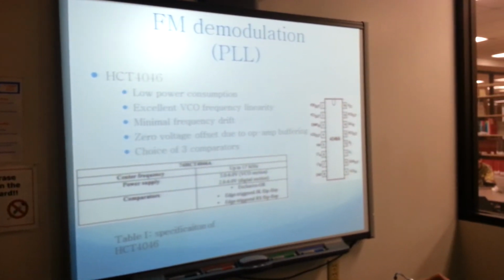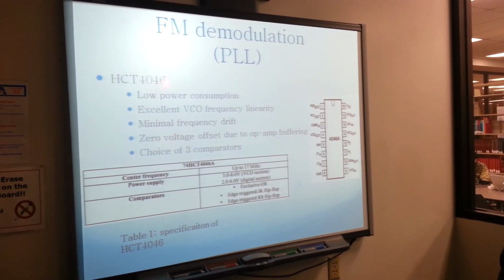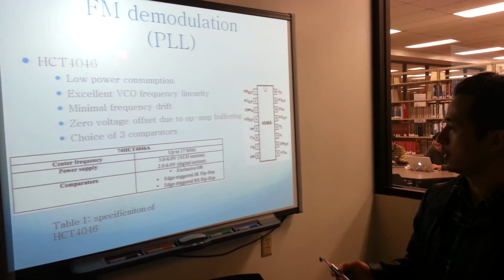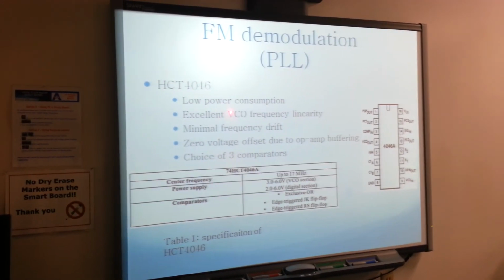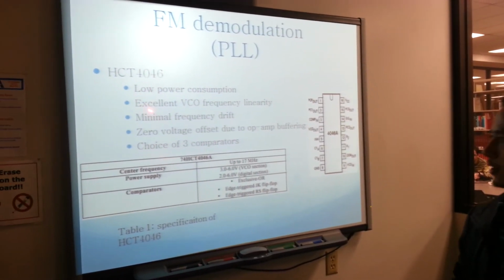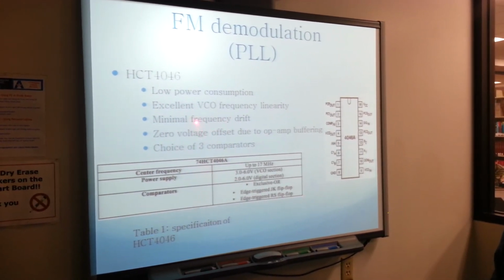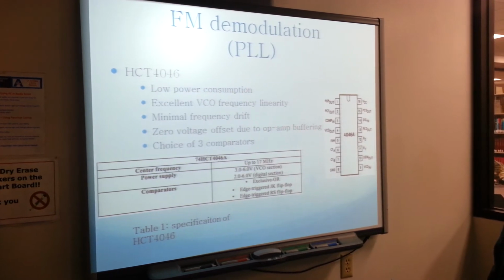So the method we are using is phase lock loop. We have chosen the HCD4046 as our IC for the demodulation process. The reason we chose this IC is because of the low power consumption. It has excellent VCO frequency linearity, minimal frequency drift, and zero voltage offset due to an op-amp buffering.